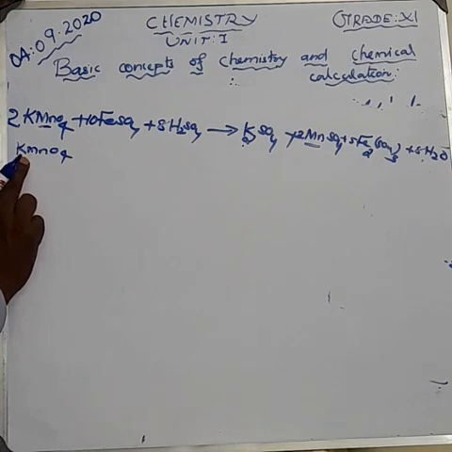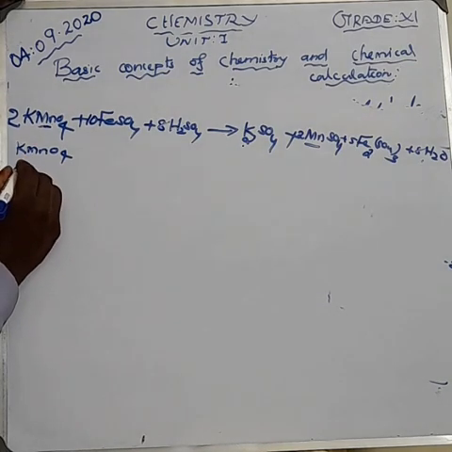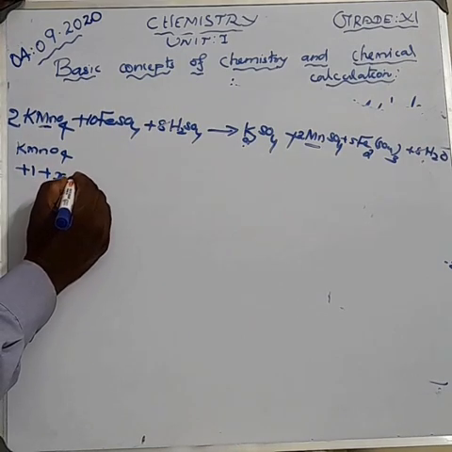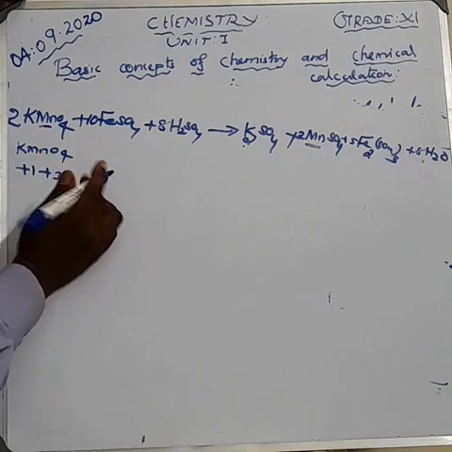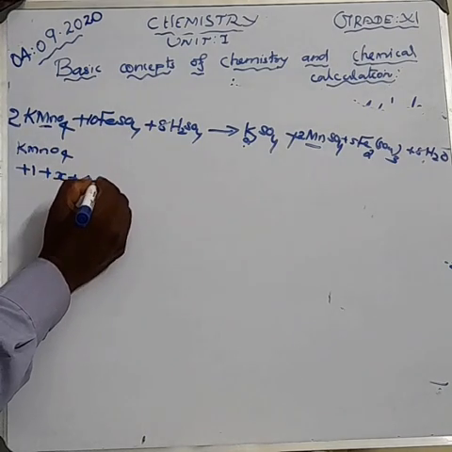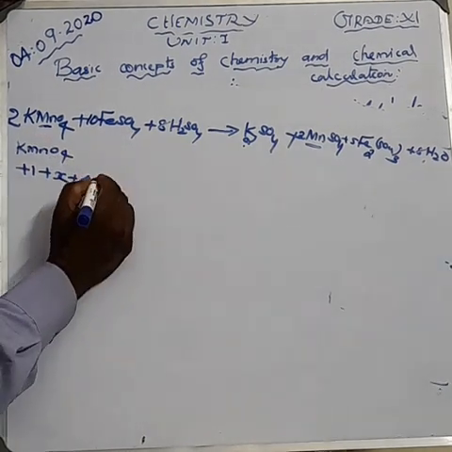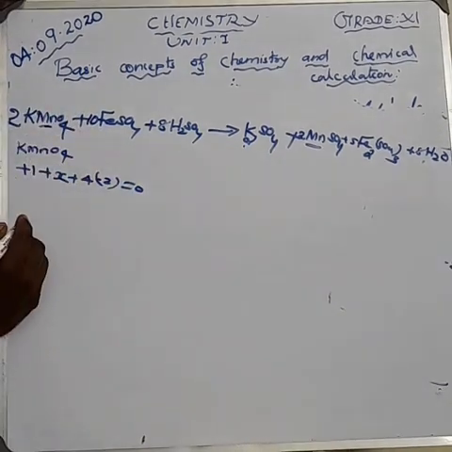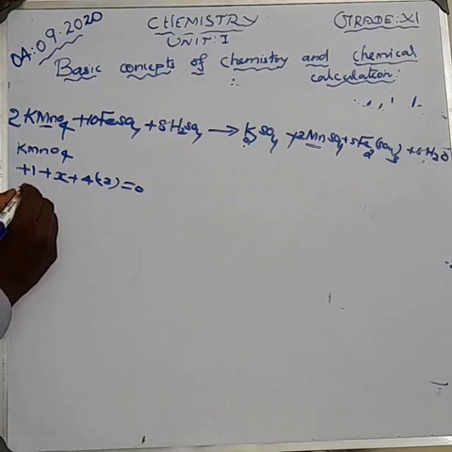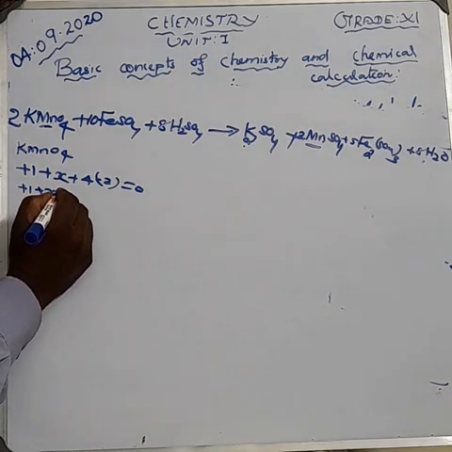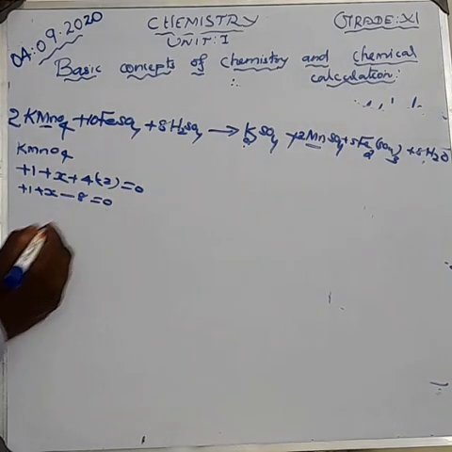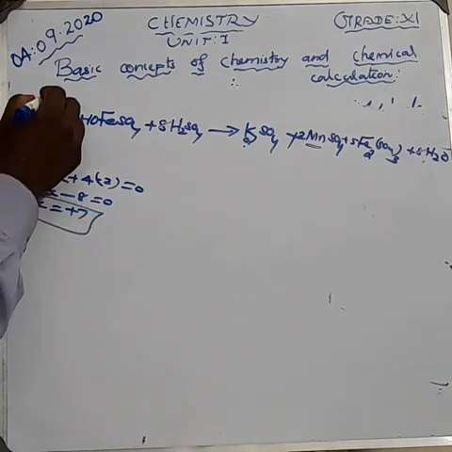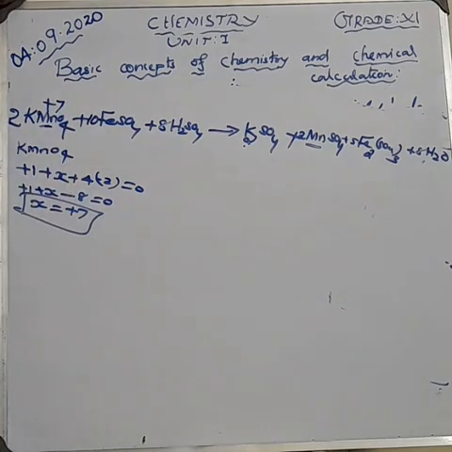All the alkali metals, I told you about the alkali metals, are plus 1. Taking Mn as X, then for oxygen, 4 oxygen, 4 into minus 2, equal to 0, there is no charge. So plus 1 plus X minus 8 is equal to 0. X is equal to plus 7. Okay, clear?